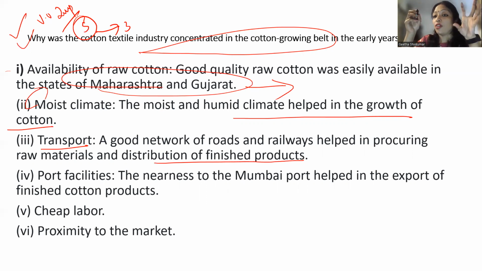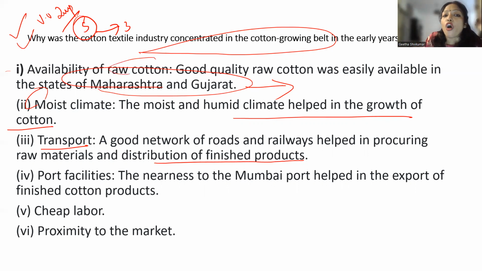If you write these 4 points in all the answers, at least you will get 1.5 or 2 marks even if you don't go with the full explanation. So availability of raw cotton, you can write for other industries availability of sugar or jute, or availability of raw material.